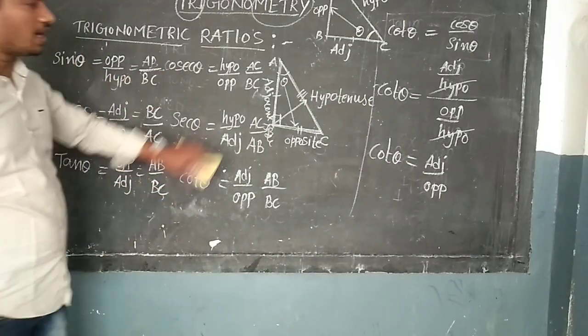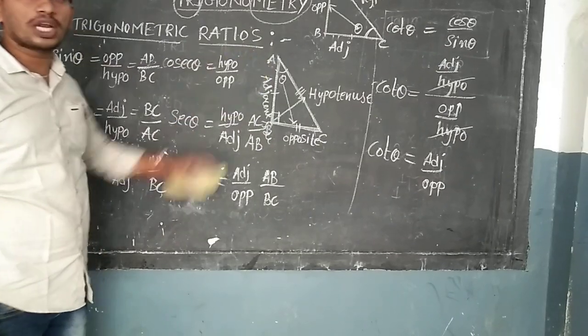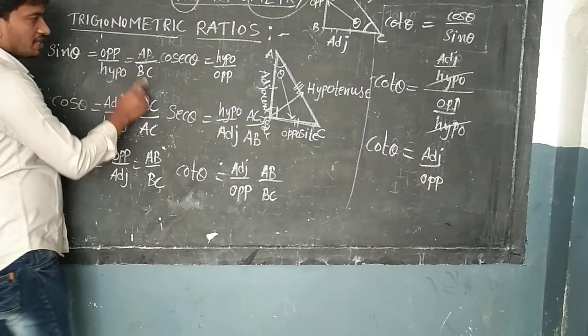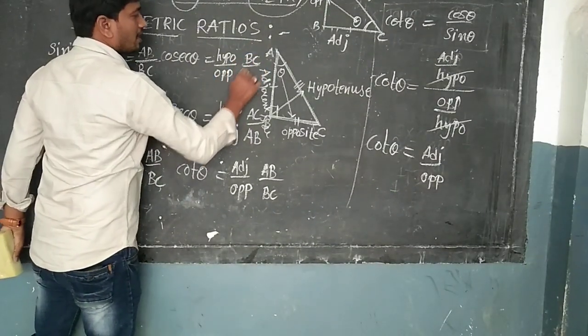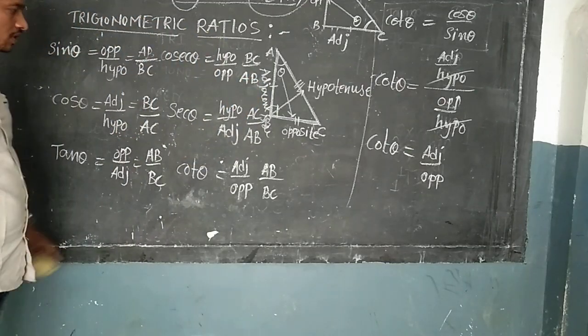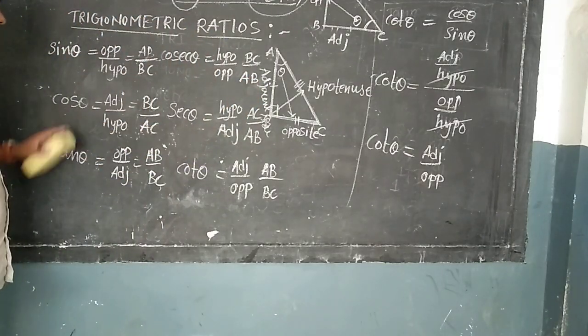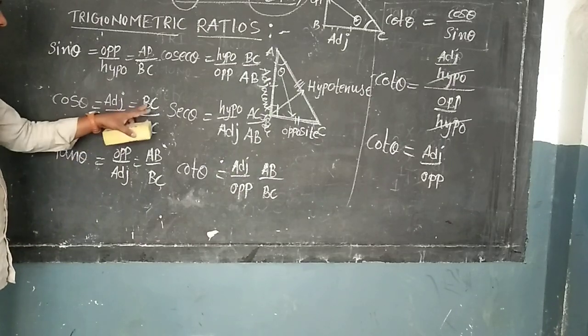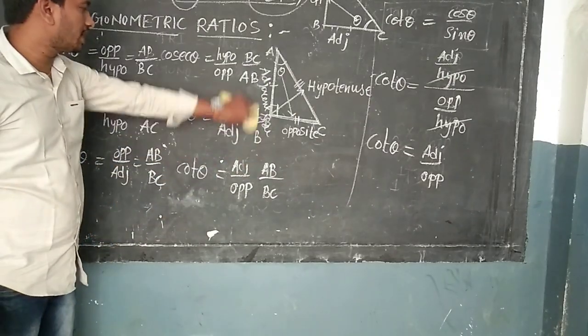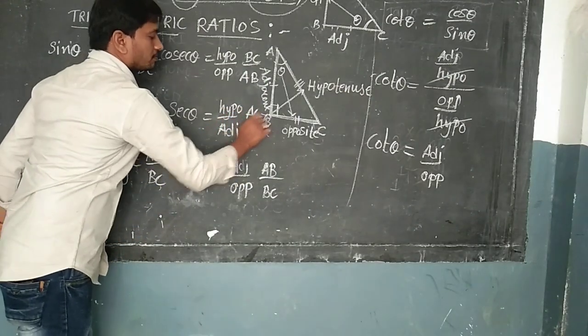Similarly, cosec theta is the reciprocal of sin theta. Sin theta is AB by BC, so this will become BC by AB. Sec theta is the reciprocal of cos theta. Cos theta is BC by AC, therefore sec theta is AC by BC.